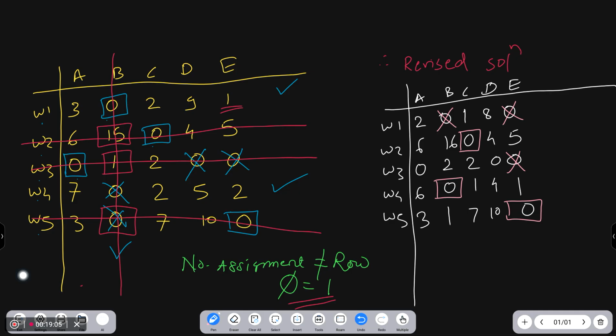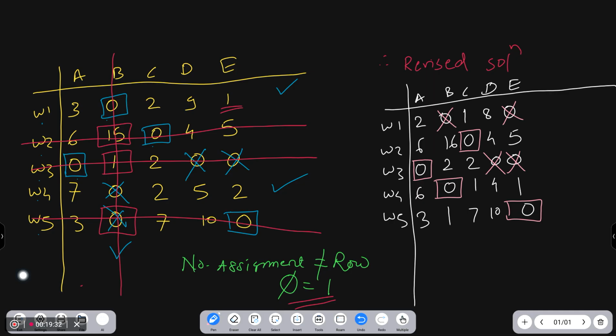In this column, there is only 1 zero that I can assign, but I have crossed it, so there is no zero in the column. Can I assign any more? No. In this solution, more assignments are not possible.